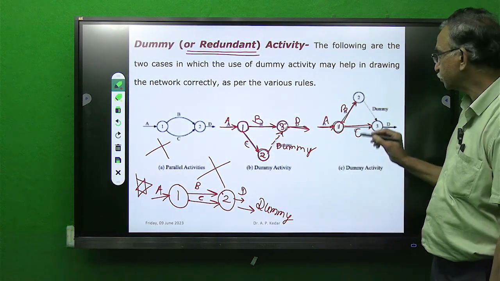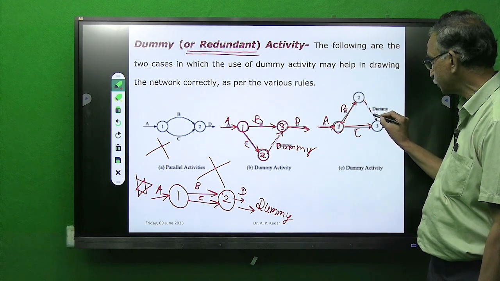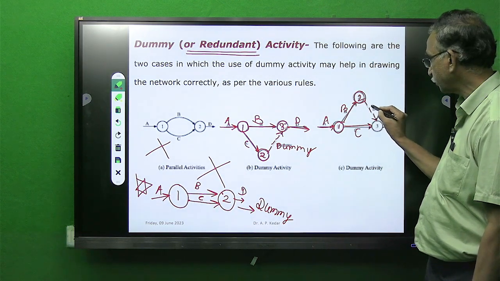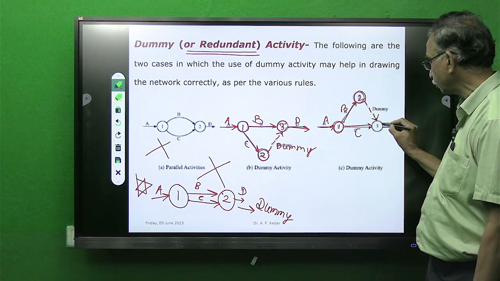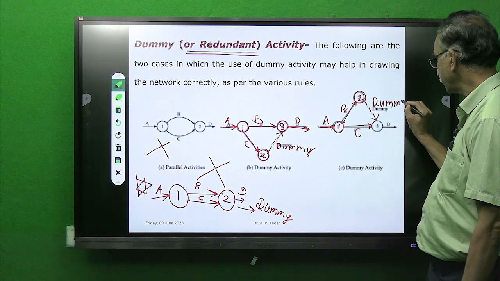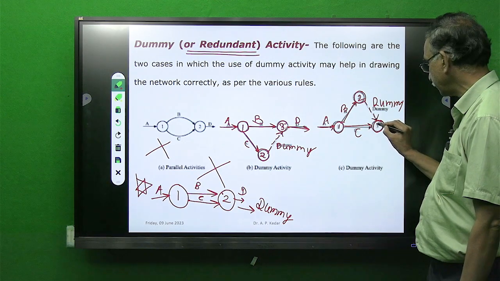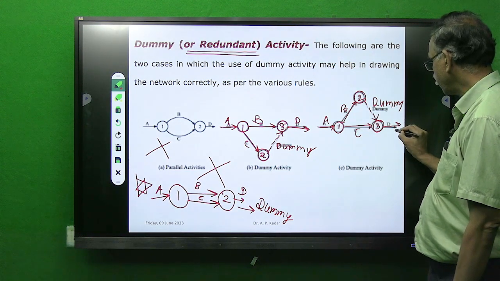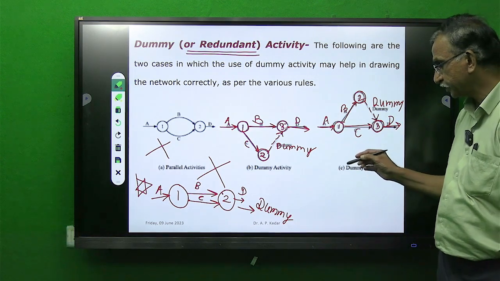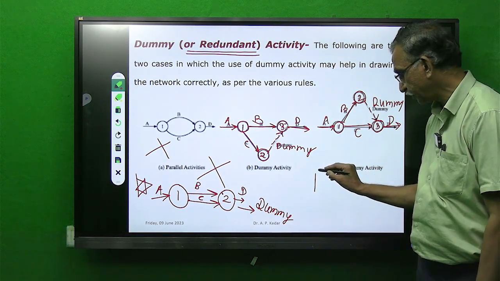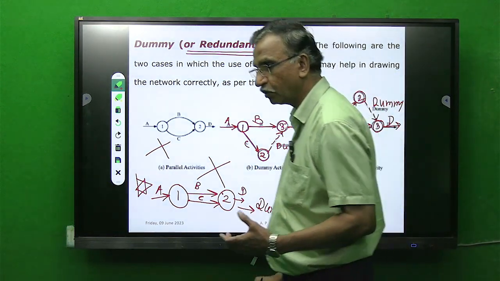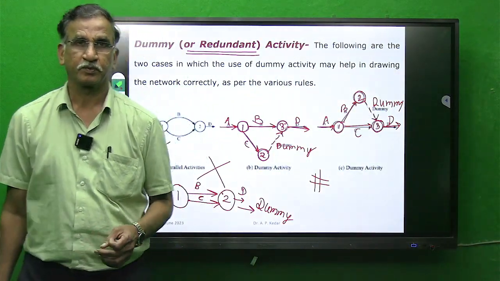So if you want to show, depending on the situation, dummy with B, then have a dotted line from 2 to 3, which is dummy, and get event 3 completed, from which you can start activity D. So again I am saying this is a very, very important concept of handling dummy activities.